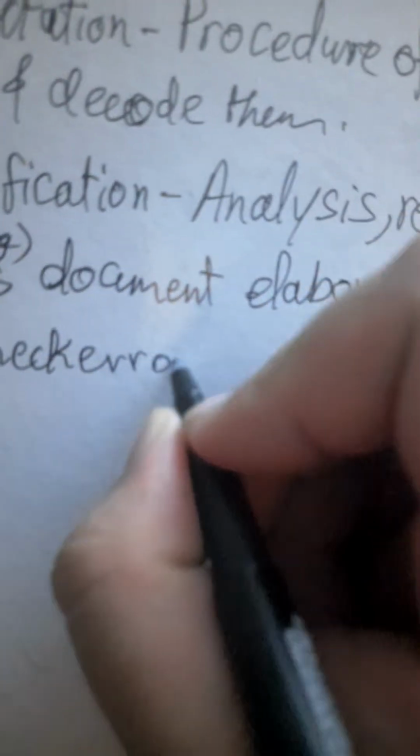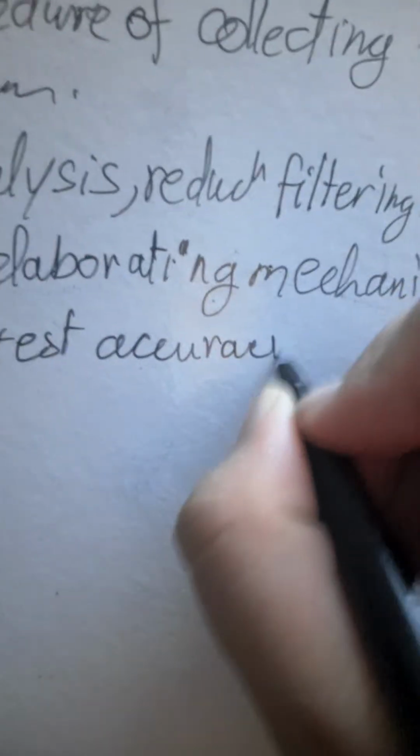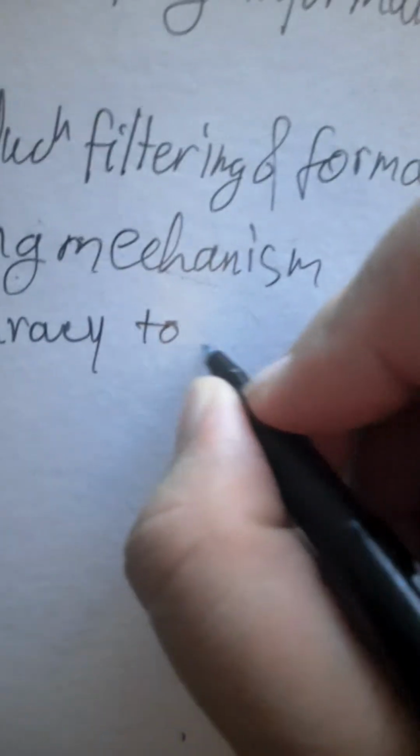So software validation is checking for errors and testing accuracy to verify and finalize the core idea, right? Now this stage is done.